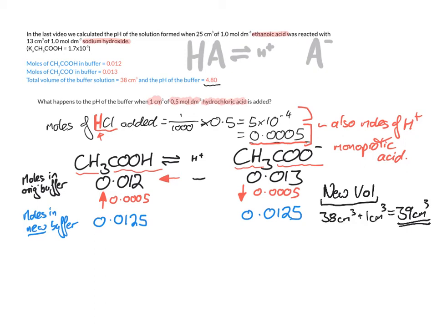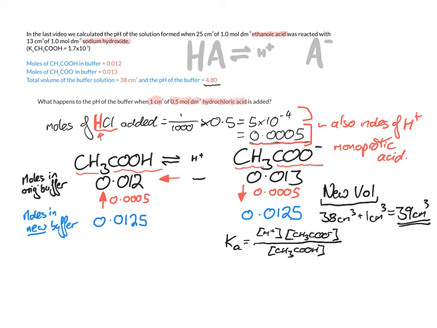Okay, we are going to be working out a Ka style calculation. Remember, Ka in this case is going to be H plus times A minus, but we'll write it out in full because we don't have a great deal to write out, so we might as well, over CH3COOH. This is the acid.